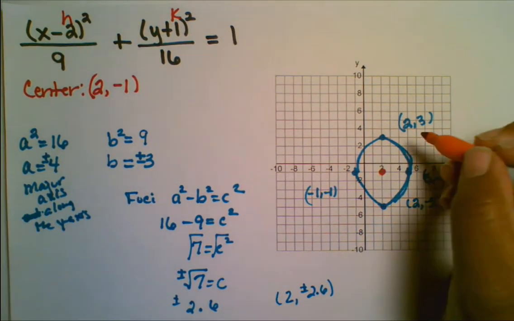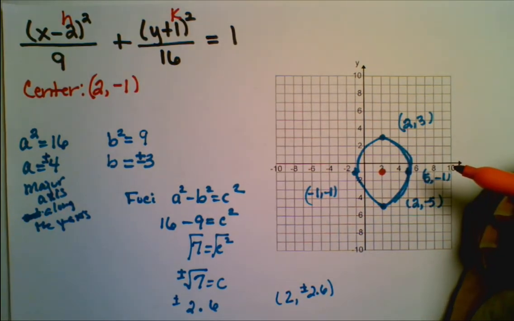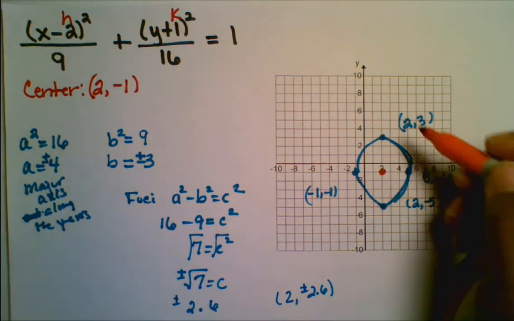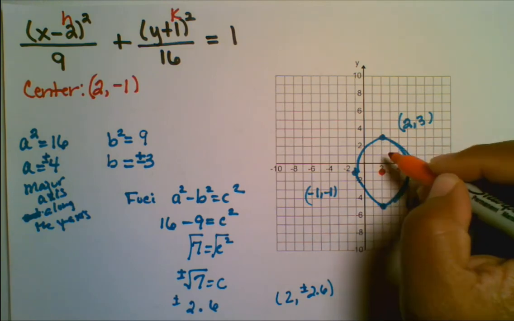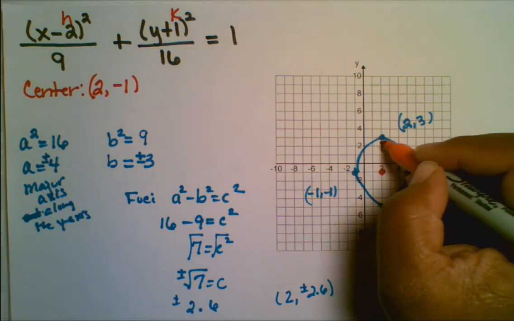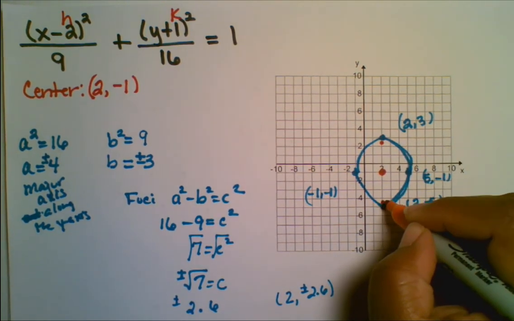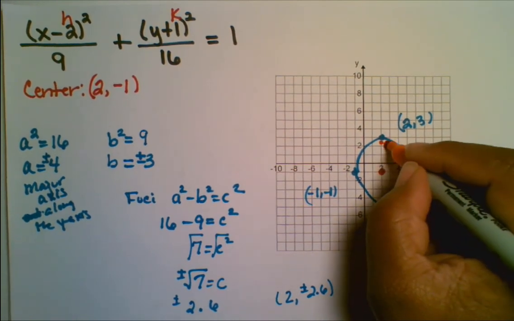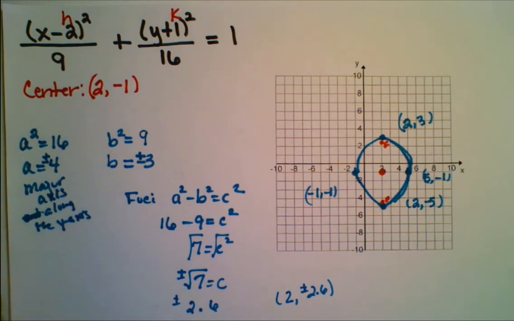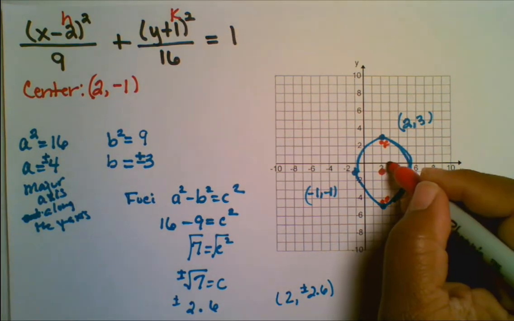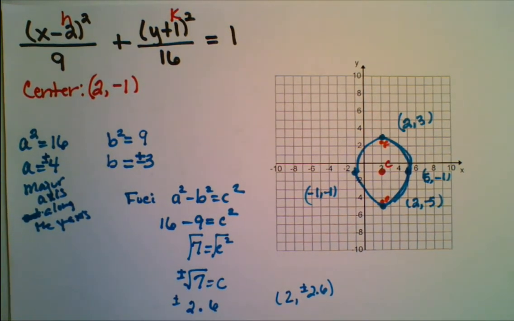So we're saying something, let's see, all right, about here. Put F there for the focus, and C for the center.